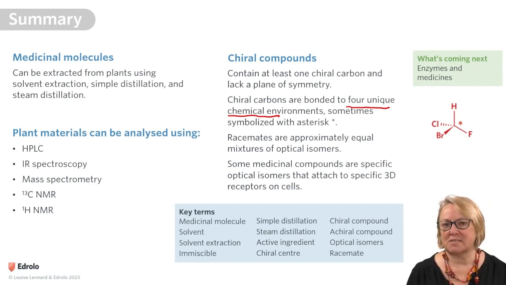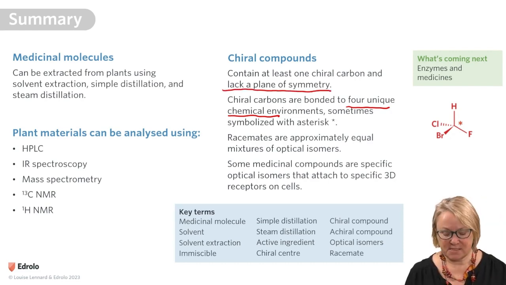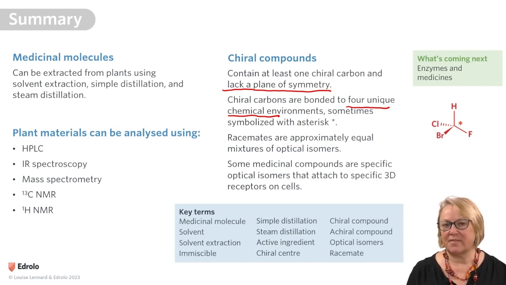Sometimes they're symbolised as an asterisk, or you might be asked to label them as that. They also lack a plane of symmetry. Racemates are approximately equal mixtures of optical isomers, and the other word for optical isomers is enantiomers. And some medicinal compounds are specific optical isomers that attach to specific three-dimensional receptors on cells.